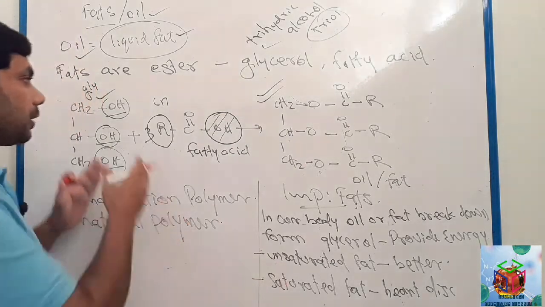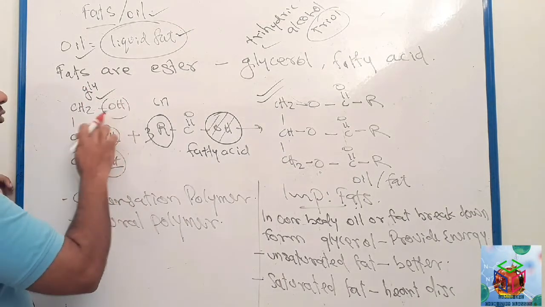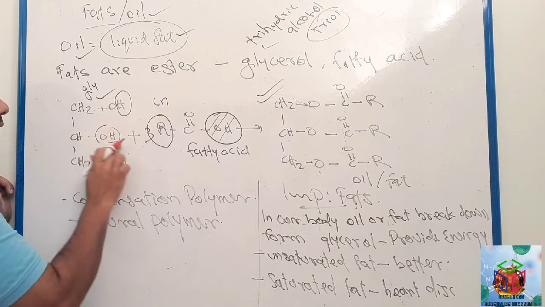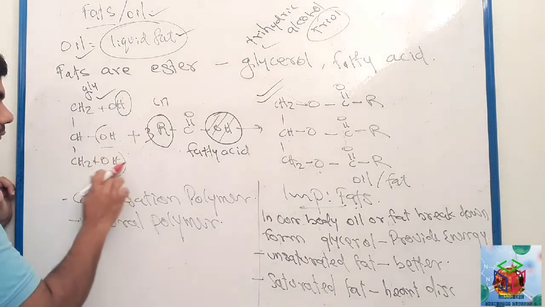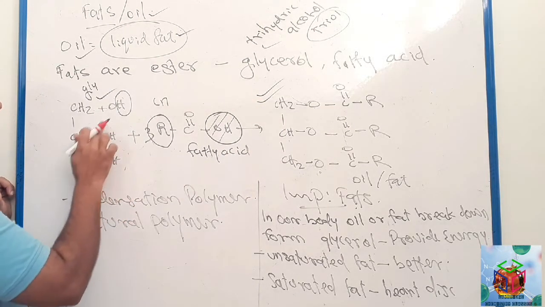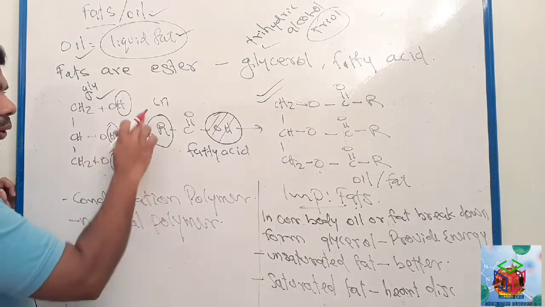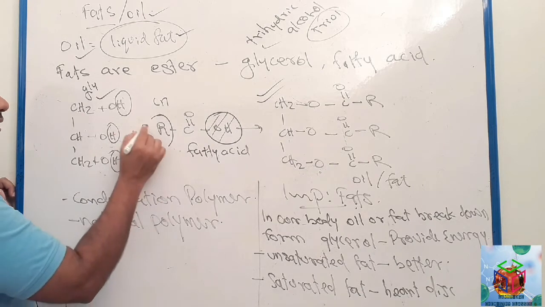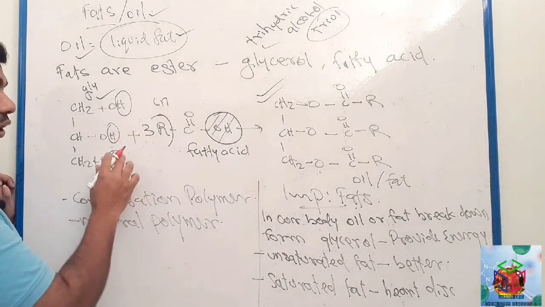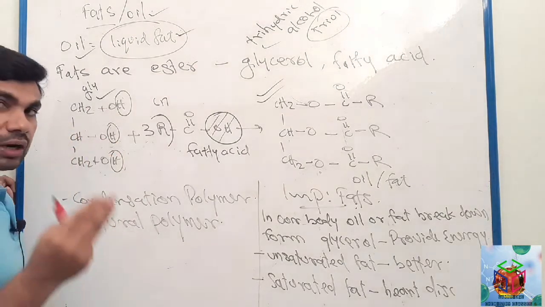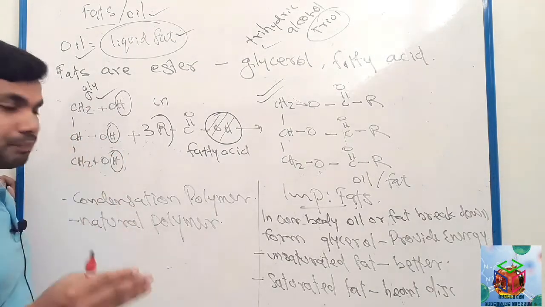From alcohol, hydrogen will be removed. Here all 3 hydrogens will be removed. Glycerol contains 1, 2, 3 OH functional groups, so there are 3 reaction sites.